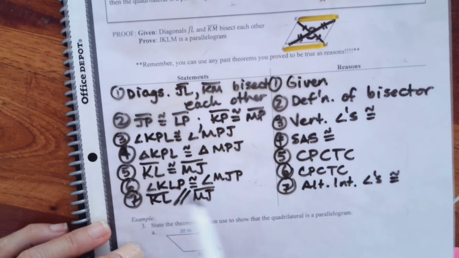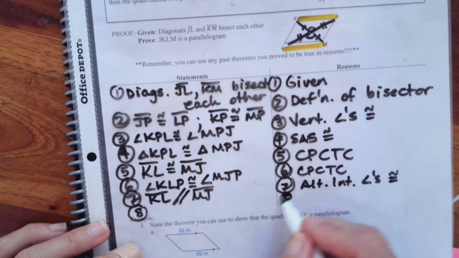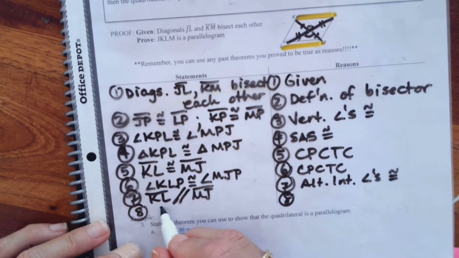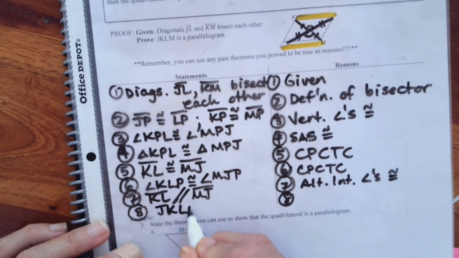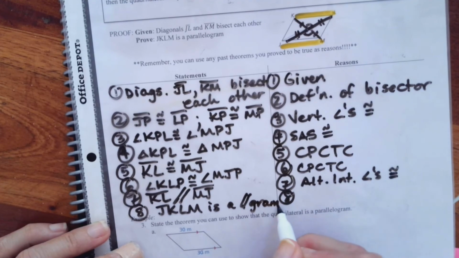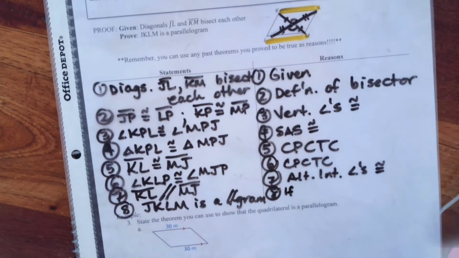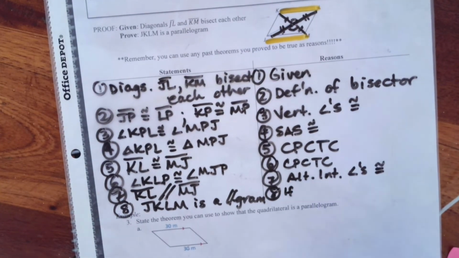So I got congruent and I got parallel. So finally that means I can say that JKLM is a parallelogram, and that is the previous theorem that we proved.